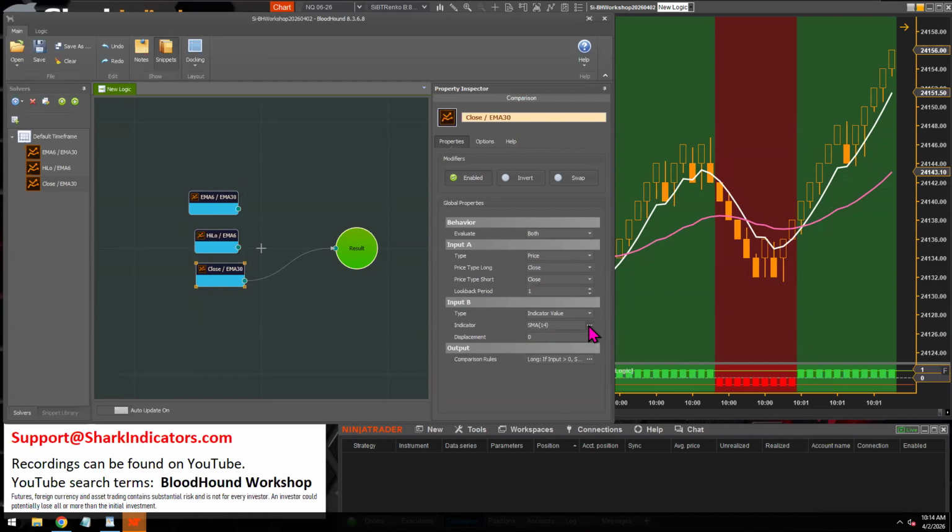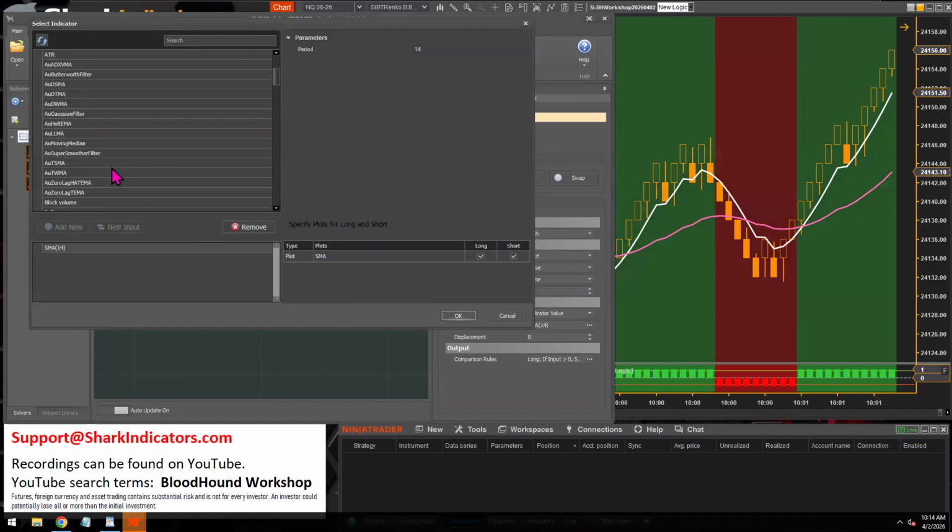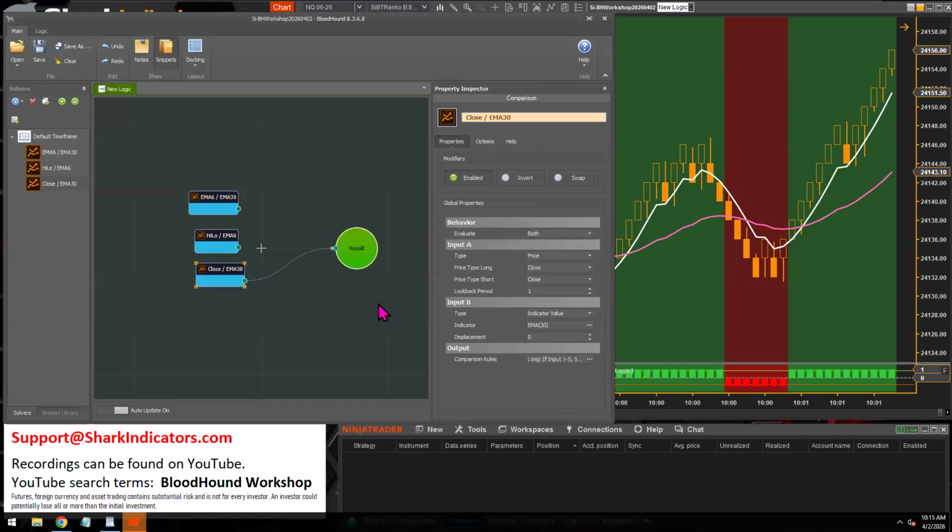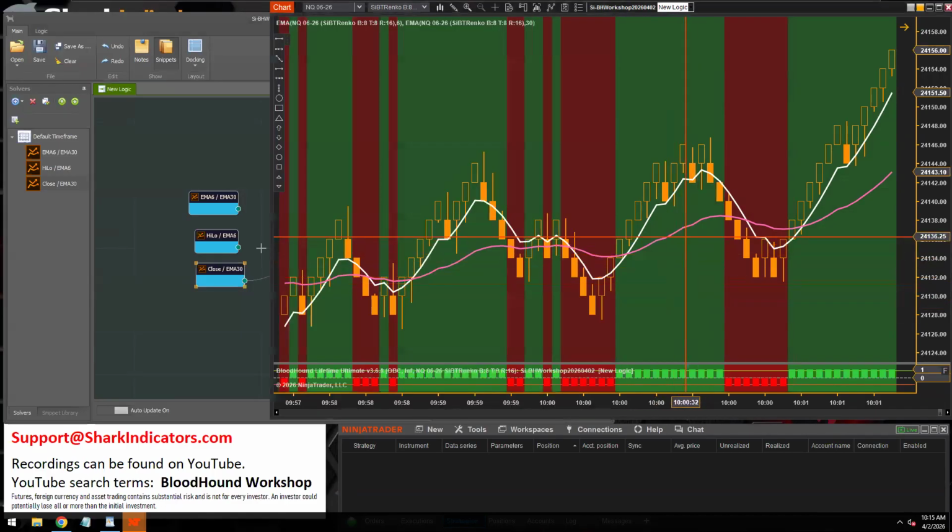Input B, let's switch that over to the EMA 30. There we go. Put in the 30 period, and we're done. And so this is the EMA 30, right? When the closing price is above, we get a long, and as soon as that closing price goes below, we get a short there.